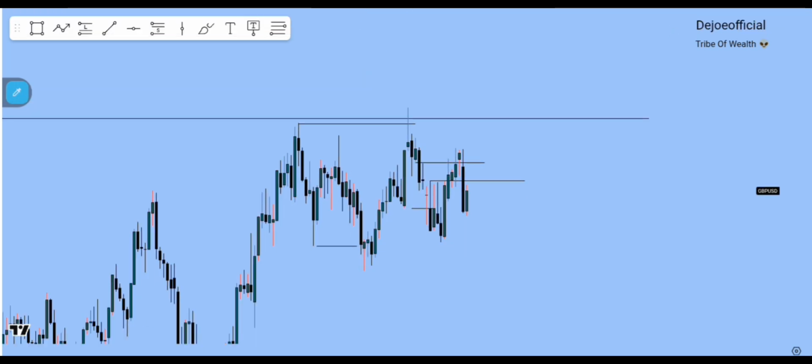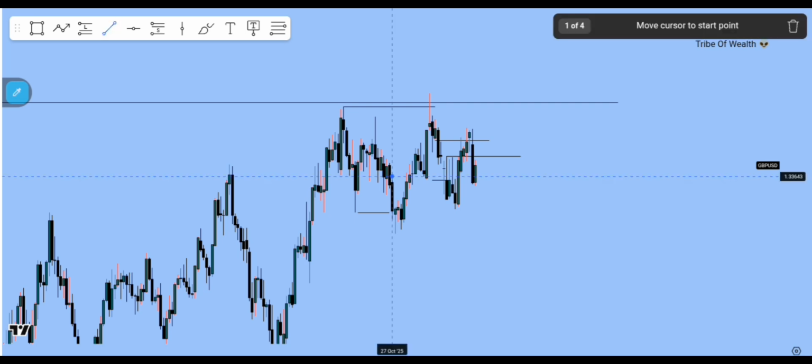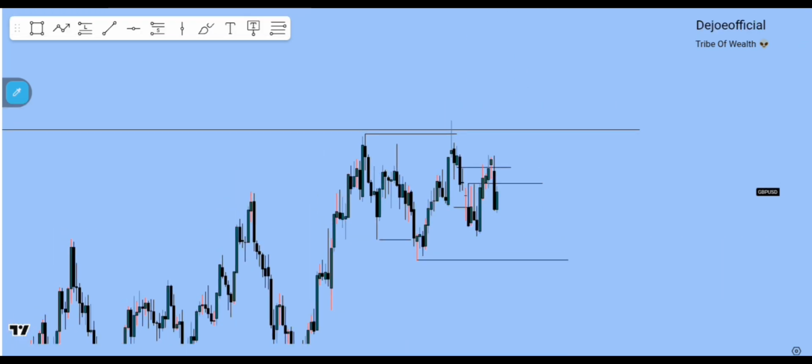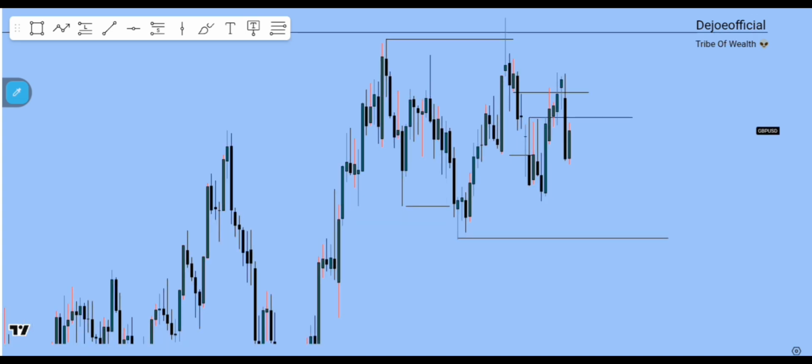So now I'm expecting price to at least take out this particular low on the weekly time frame. This is what I'm expecting on the weekly time frame. So going down to the daily time frame.